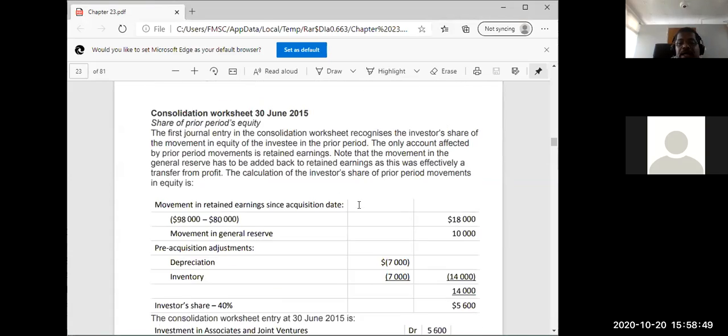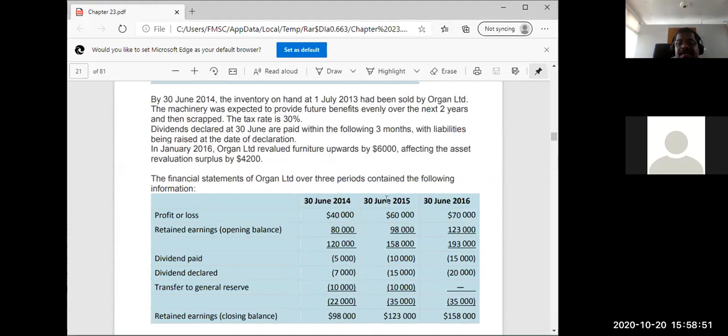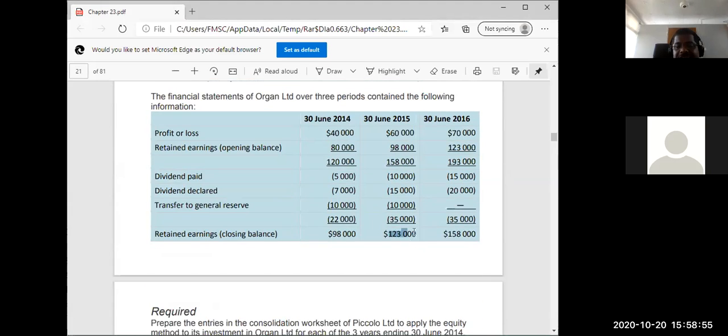And 123,000 is this. That means it is the retained earning up to the second year, without this 70,000. 123,000 means this and this, and make the relevant adjustments.